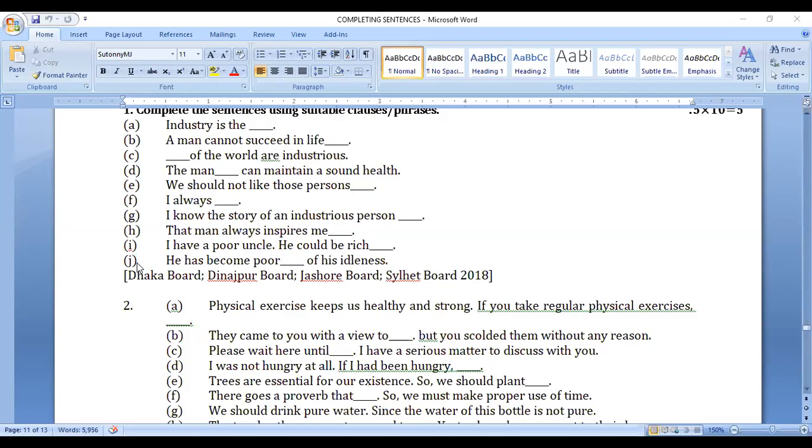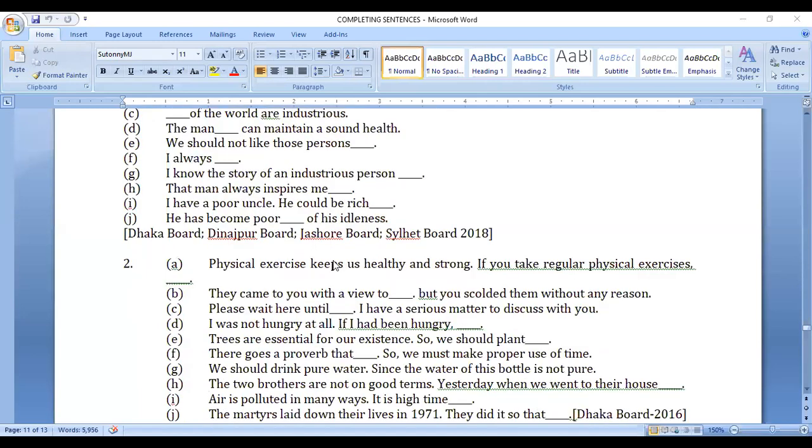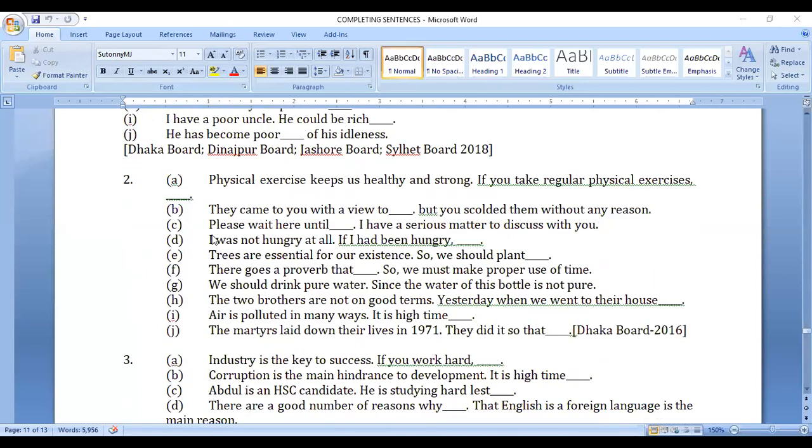Come to number J. He has become poor because of his idleness. Because of. Good. Very good. Now come to exercise number 2. And for your sake, I would like to tell you the answer to the first one.